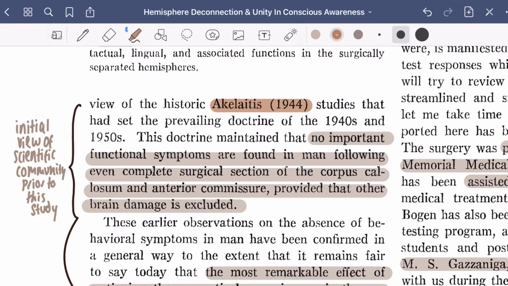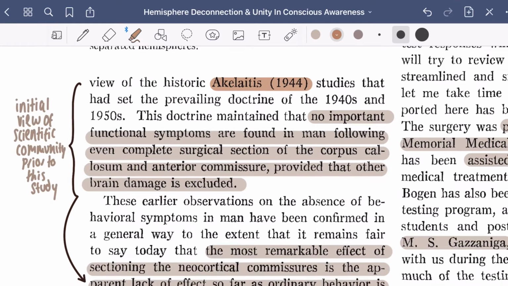So this entire passage, you can see, is summed up by the initial view of the scientific community prior to this study. So if I decide that in my presentation I would like to talk about what the scientific climate was surrounding this issue before Sperry's research, I can see it right here because I have annotated it for me. And as I say, future Lewis is going to appreciate this a lot when it comes to crunch time.